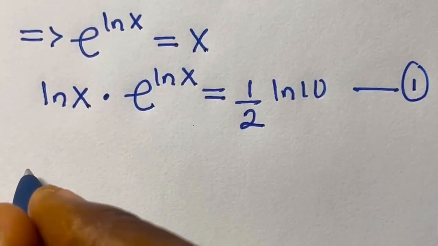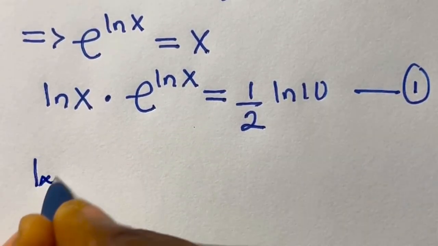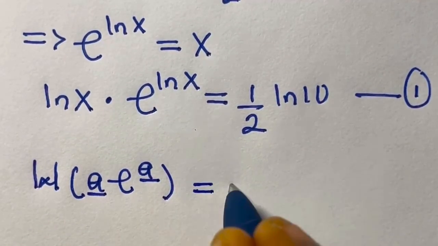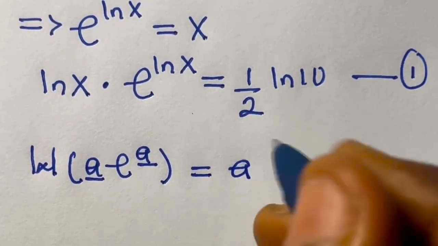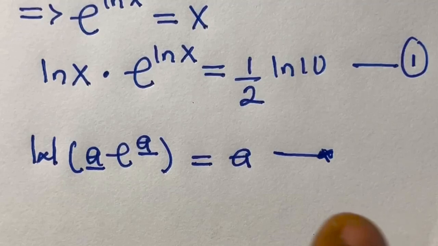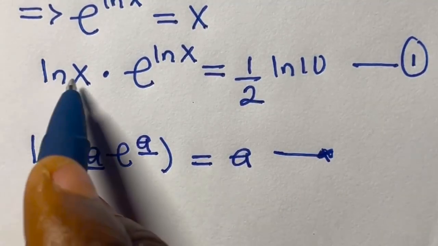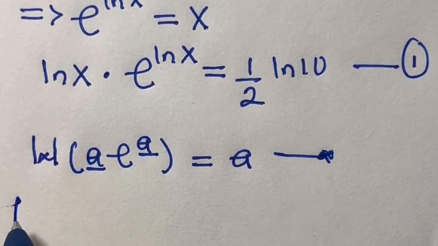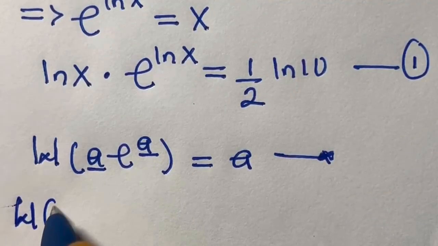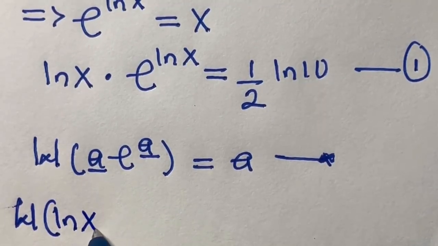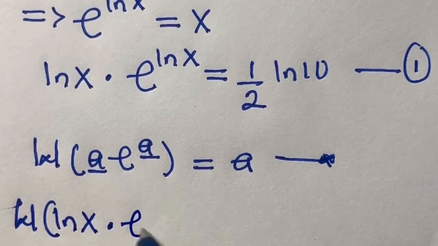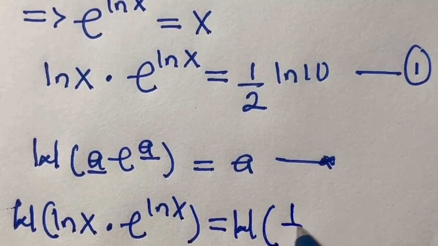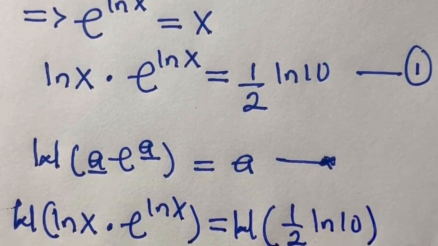However, from the Lambert function, if we have the Lambert function of a exponential a, if the base and the power are the same, we are going to have a. Let's note this. So now, if you introduce the Lambert function to both sides, we have the Lambert function of ln x multiplied by exponential ln x equals the Lambert function of 1 divided by 2 ln 10.